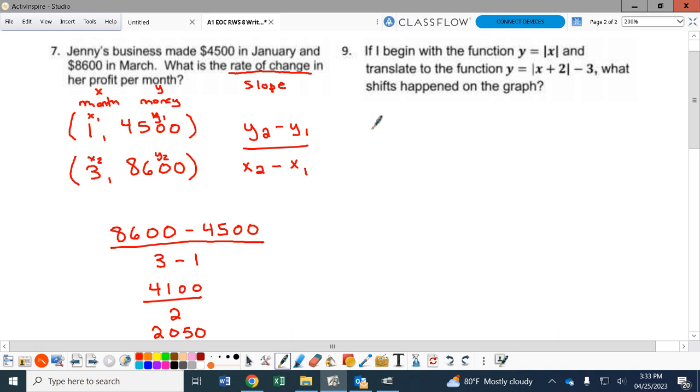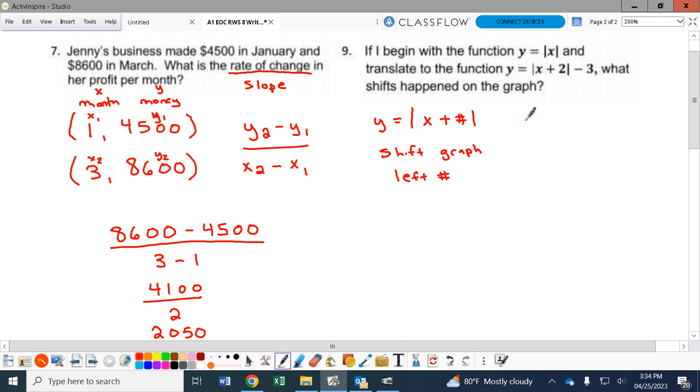Watch this. When you have y equals the absolute value of x plus a number, that number is going to shift the graph left whatever that number is. Because it's on the inside, it's the opposite. Even though it's plus, you're going to go to the left when it's on the inside.